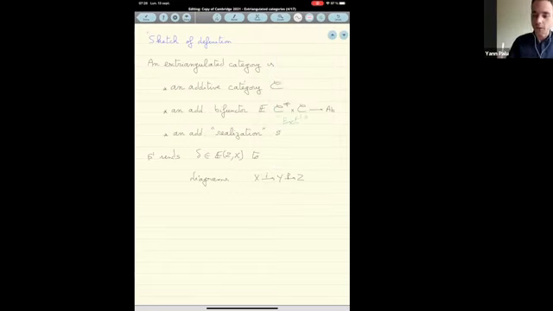So here we would like S to send delta to an equivalence class of such diagrams, where the equivalence relation is the usual one on short exact sequences. So I, P is going to be equivalent to I prime, P prime if there exists an isomorphism between Y and Y prime, making both triangles commute.